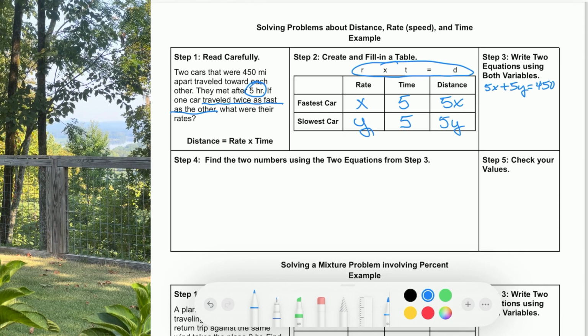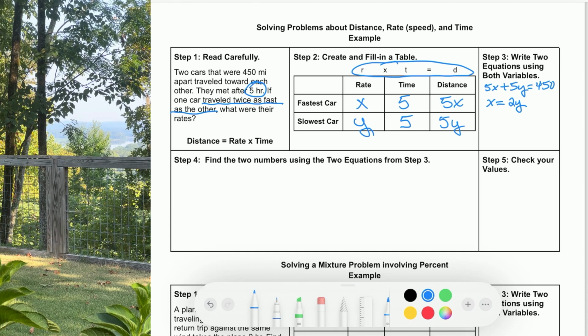Now our second equation is going to come back from what we read, where it says one car traveled twice as fast as the other car. I have designated the fastest car as X. And X was twice the speed of the slow car. So I'm going to put twice the slow car, so 2y. These are our two equations.